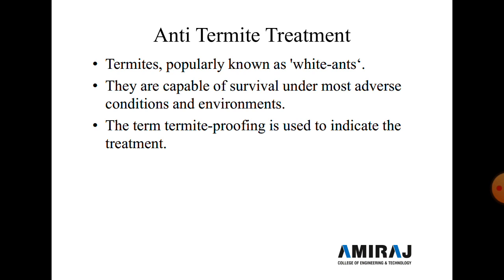Sometimes, if we construct a building and after some time the wooden furniture is damaged or destroyed by termites, this growth of termites is prevented or controlled by some treatment. This treatment is called anti-termite treatment.